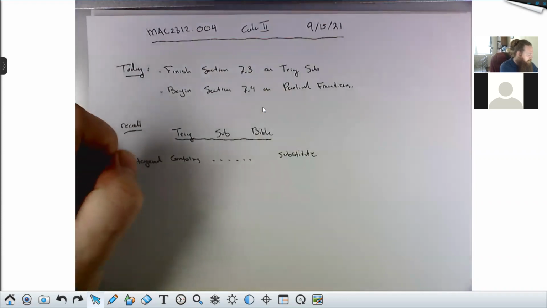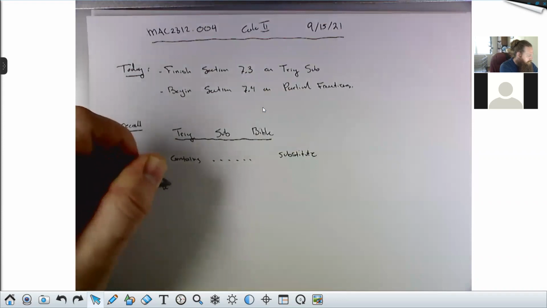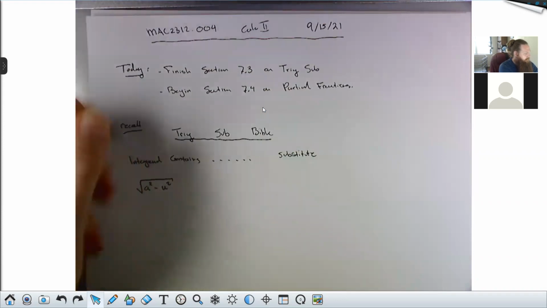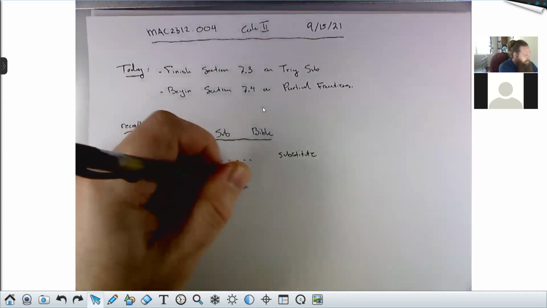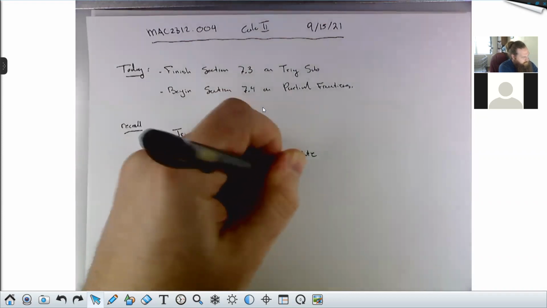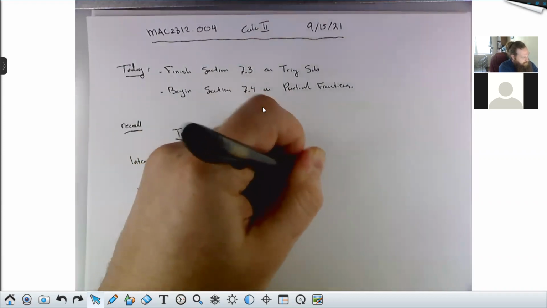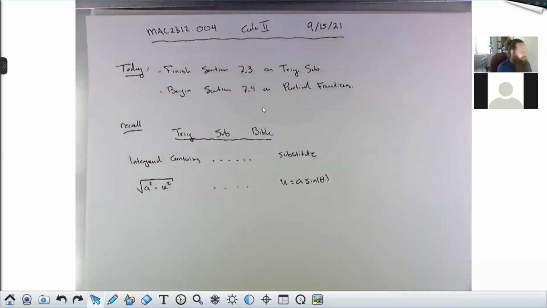If your integrand contains an expression of the form a squared minus u squared, then you should substitute u equals a times the sine of theta.